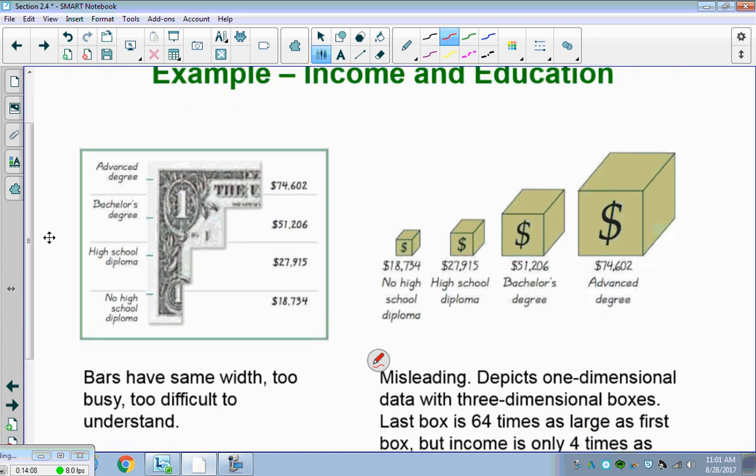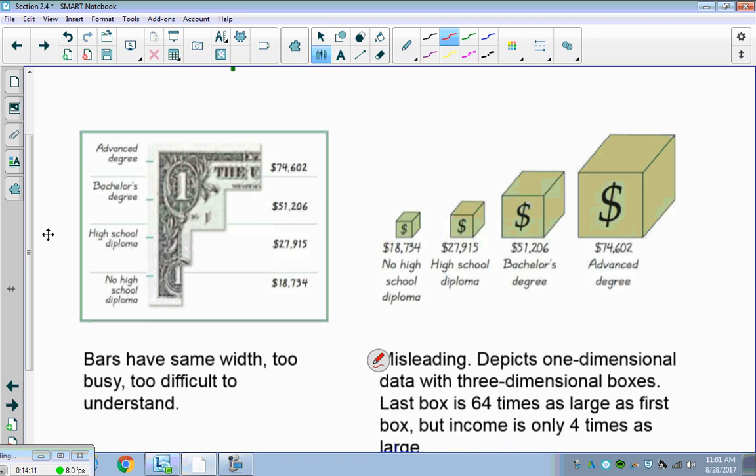Here are some bad examples, what not to do if you're building graphs. These graphs both show the expected annual income by different levels of education. Notice that the bars have the same width, but it's just so busy, I have to really concentrate to see where those are, making it difficult to understand. Over here, they're taking something that's 2-dimensional and forcing it to be 3-dimensional.